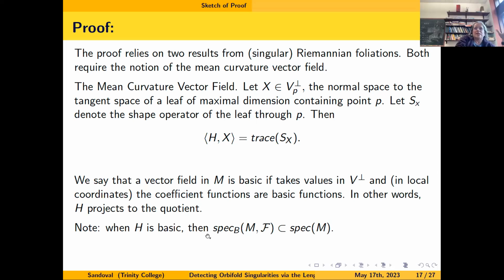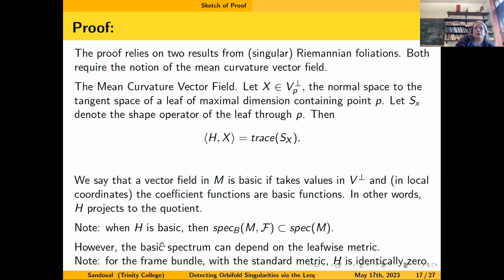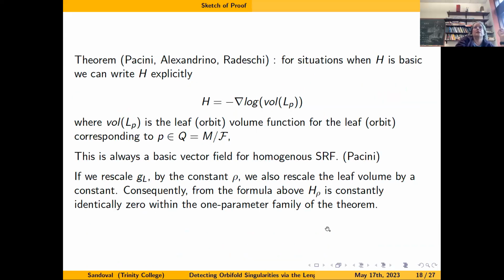Furthermore, when H is basic, the basic spectrum is contained in the spectrum of the manifold itself. So here for us, this is M hat, the orthonormal frame bundle. Okay. So we should note that the basic spectrum can depend on the leafwise metrics, but that does not happen in this case. For the frame bundle, with the standard metric, H, the mean curvature vector field, is identically 0. The basic Laplacian is actually the orbifold Laplacian.